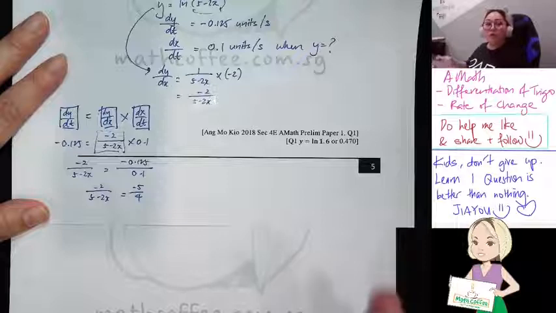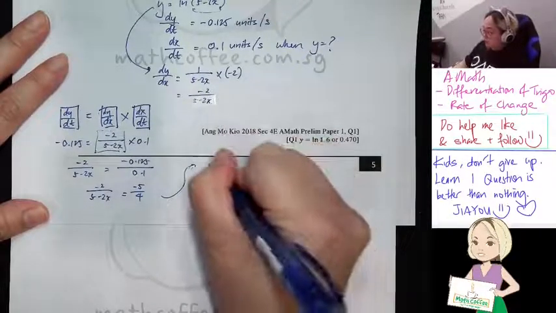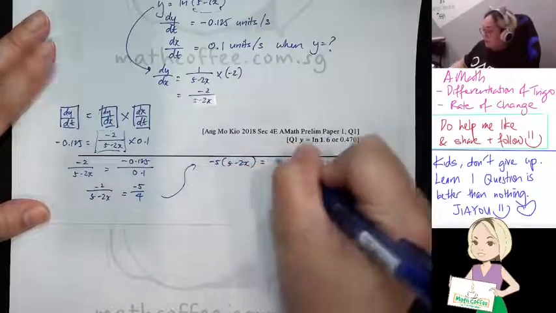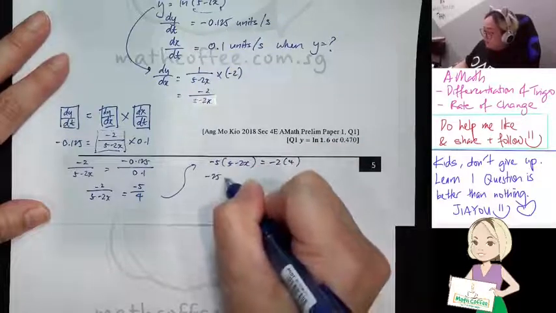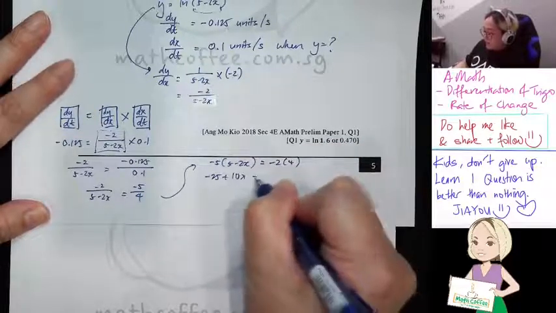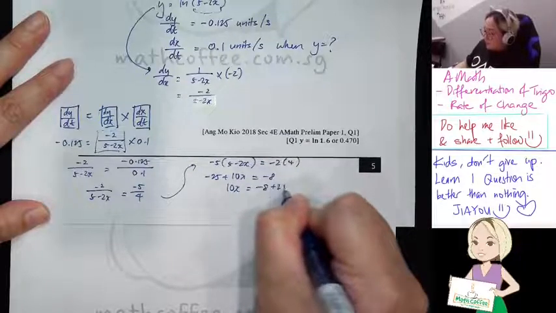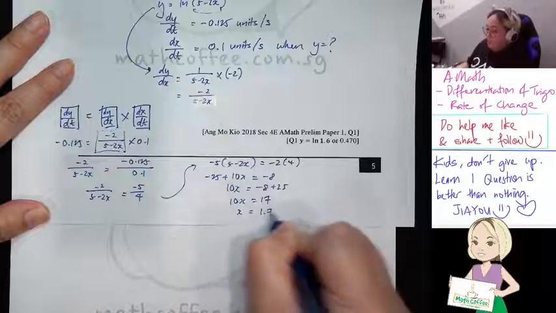All you need to do is cross multiply. So I have negative 5 times 5 minus 2x equals minus 2 times 4. So I have minus 25 plus 10x equals minus 8. 10x equals minus 8 plus 25. 10x equals 17. x equals 1.7.